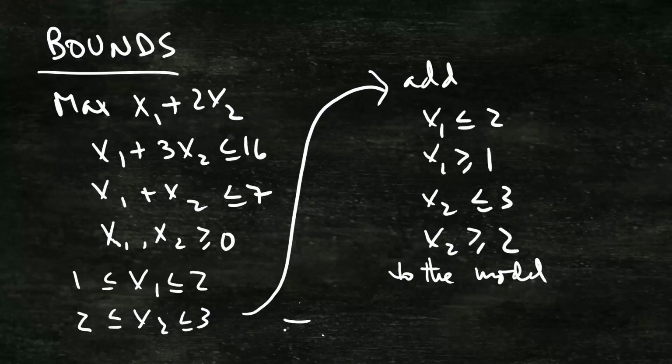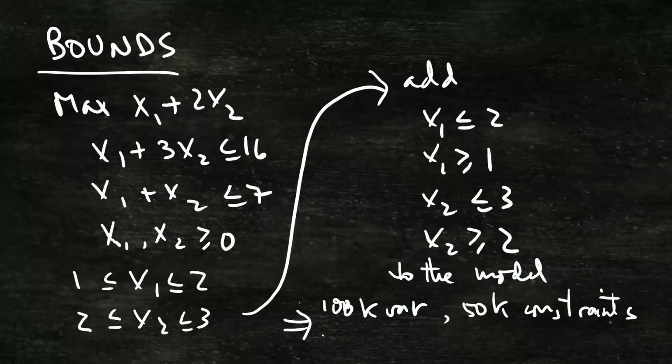But this would imply that if we had, let's say, 100K variables and 50K constraints, and each of these 100,000 variables had an upper and lower bound, then we would have 250,000 constraints.